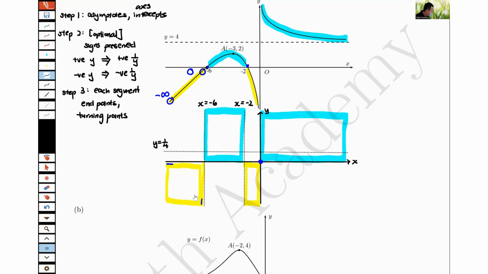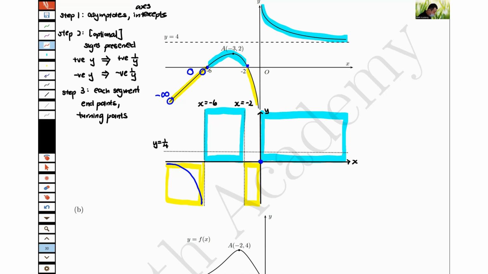Once you mark out these two endpoints, we can connect the graph this way. I will not be able to connect in this manner because it will cut my asymptote. So usually the connection is straightforward. You draw it such that it goes close to the asymptote.